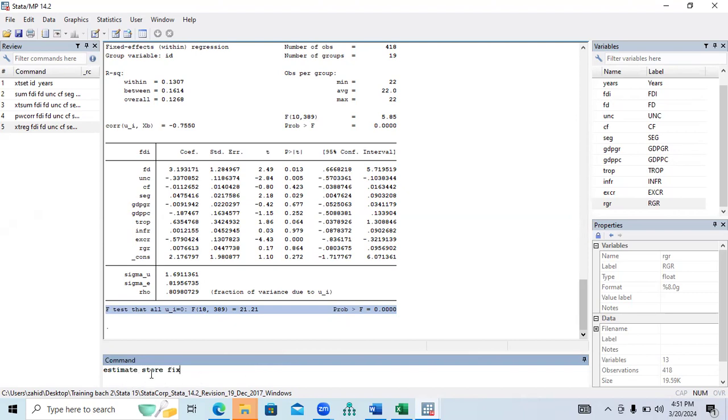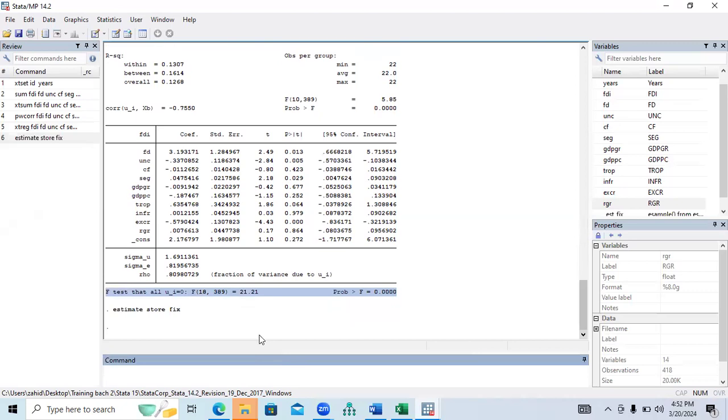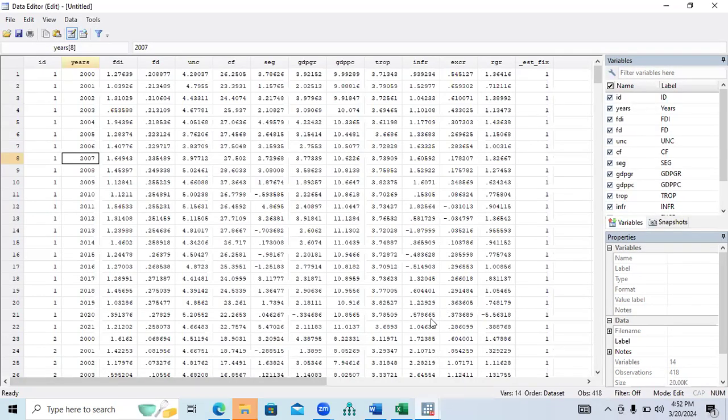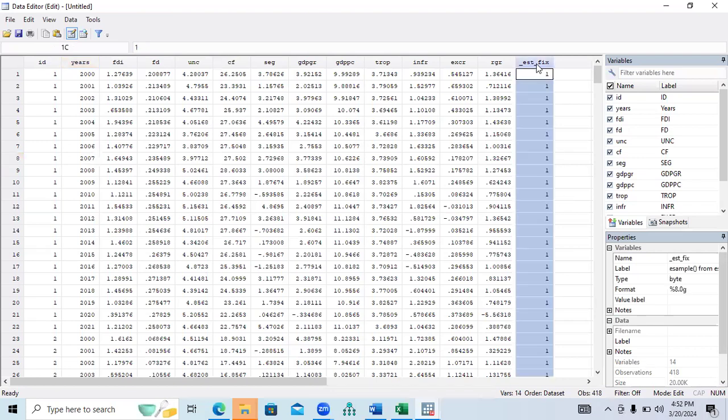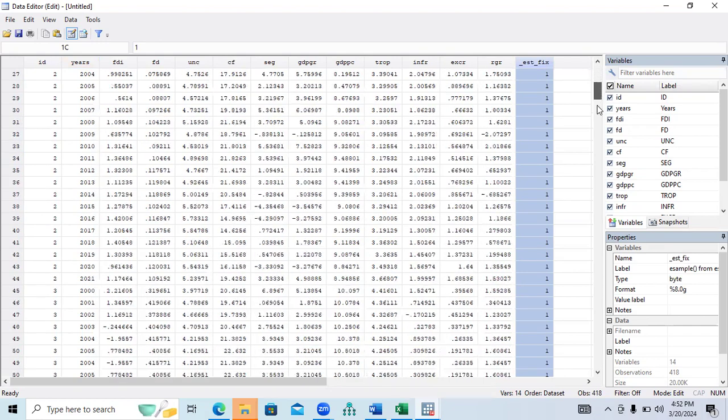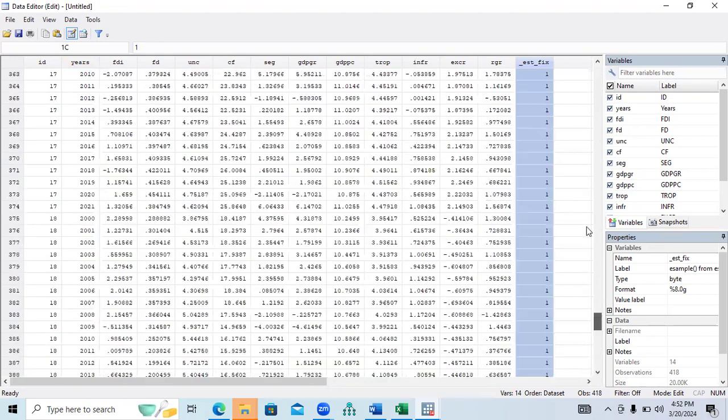You need to write this in order to store these results into the memory of your Stata. So you just need to enter and you will see right here in your variable box the estimated fix command results, and you can also verify it from your data editor, just like this. It has created a column with these values.